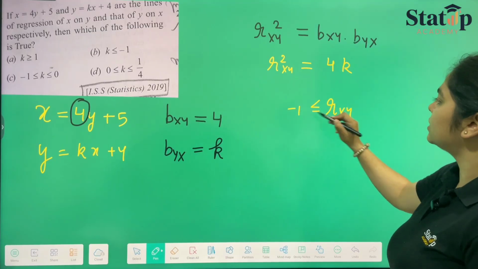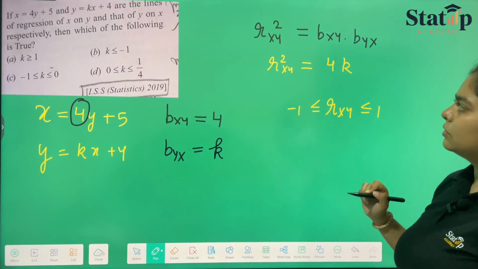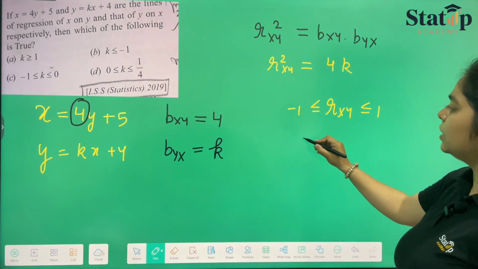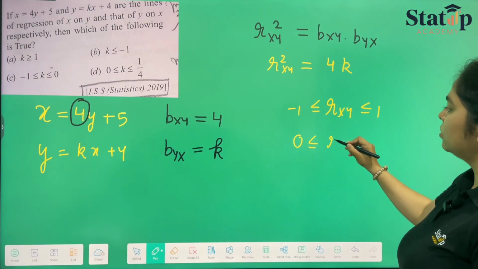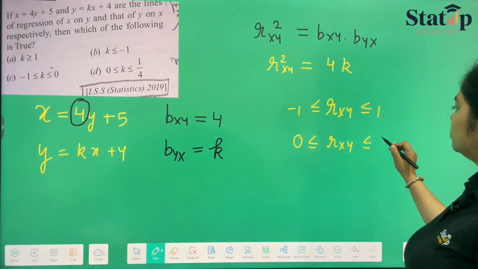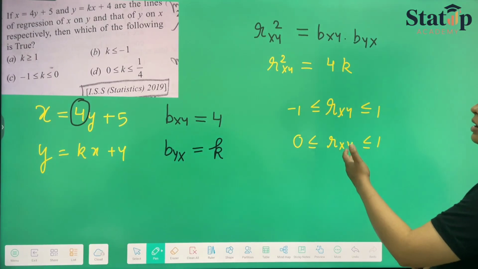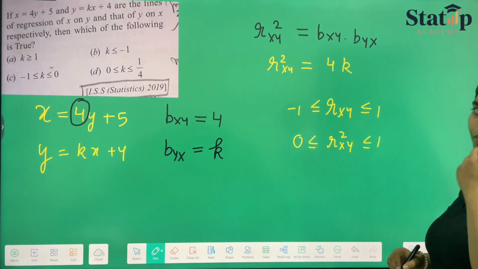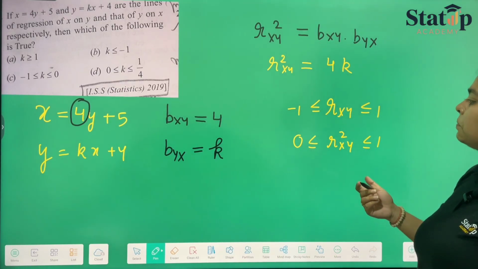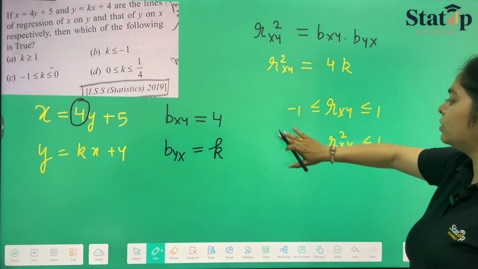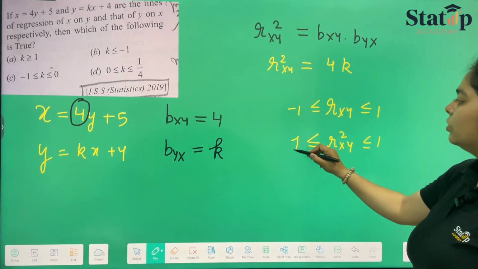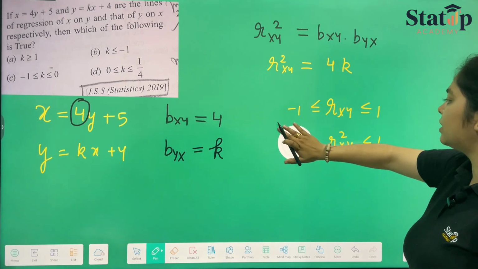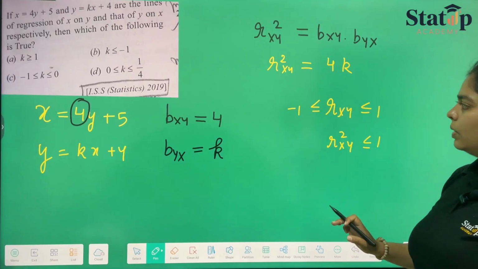And we also know that rxy lies between -1 and 1. If we square this term, it will lie between 0 and 1, because rxy square will always be positive, not negative. So instead of this, we can write it as less than or equal to 1.